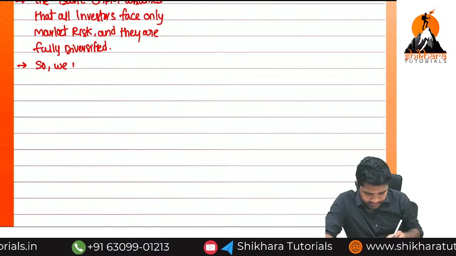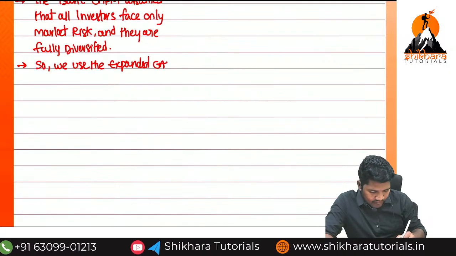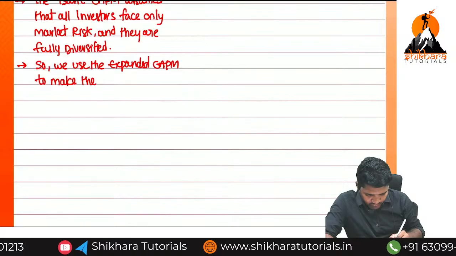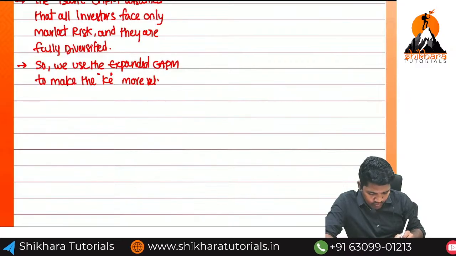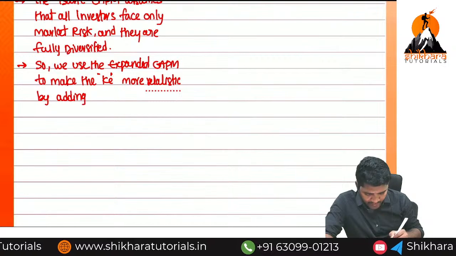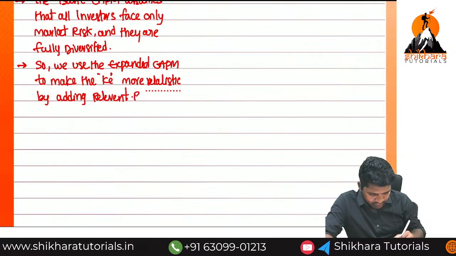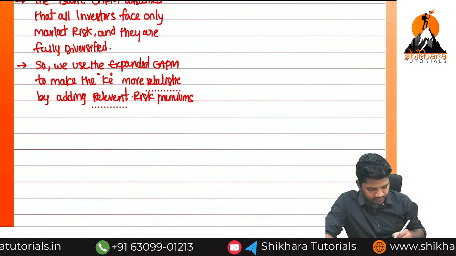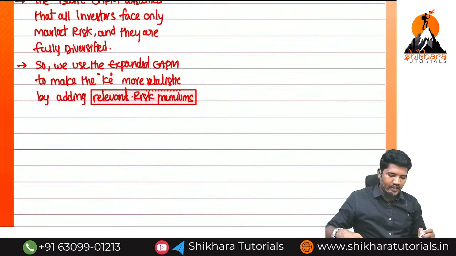So we use the expanded CAPM to make the KE, that is nothing but cost of equity, more realistic by adding relevant risk premiums. Highlight the words relevant risk premiums.